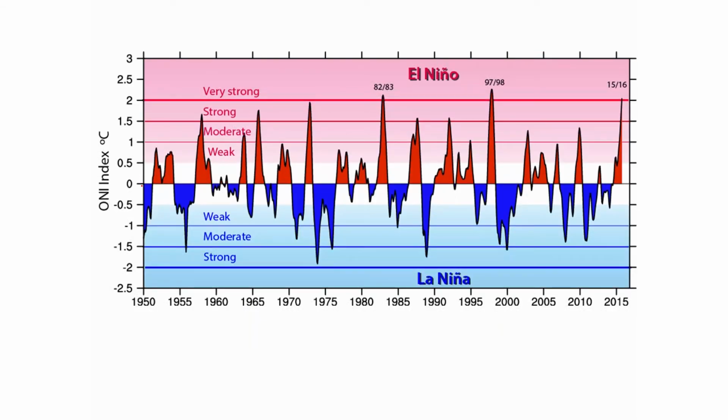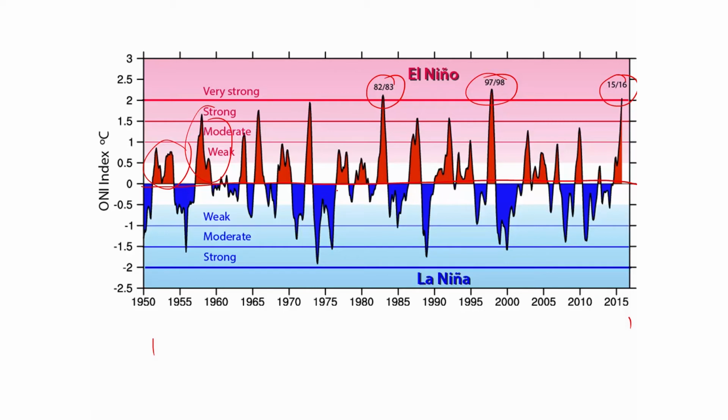So, it is looking at the deviations of temperatures or anomalies with respect to the mean temperatures over this period from 1950 to 2015, and you can see that there have been many El Ninos, some of which were strong, like 82, 83, 97, 98, the most recent one during 2015 and 2016, and there have been many La Ninas.